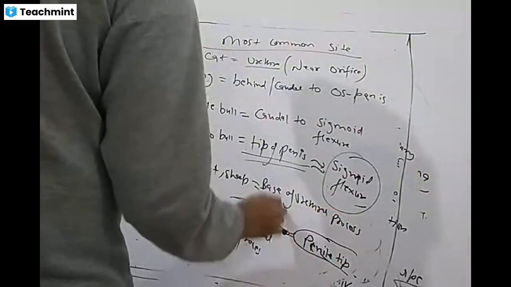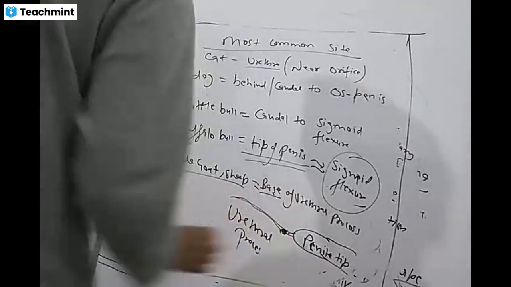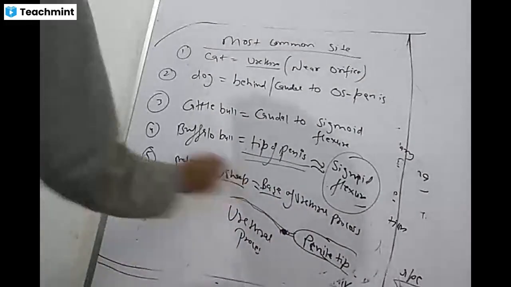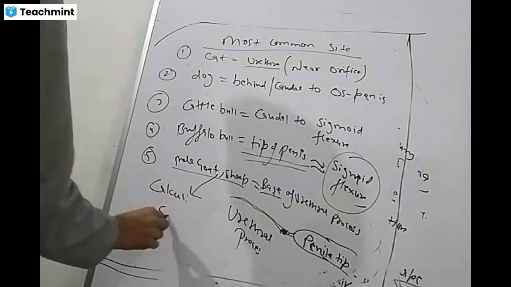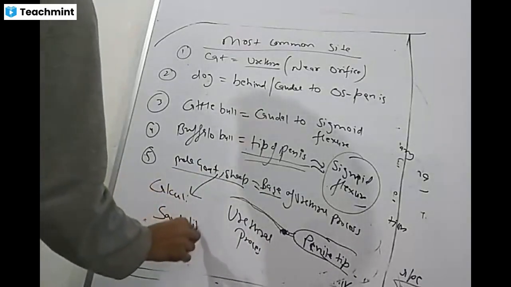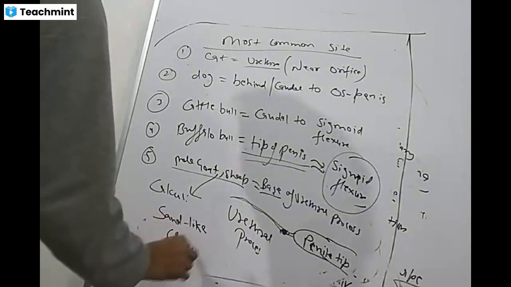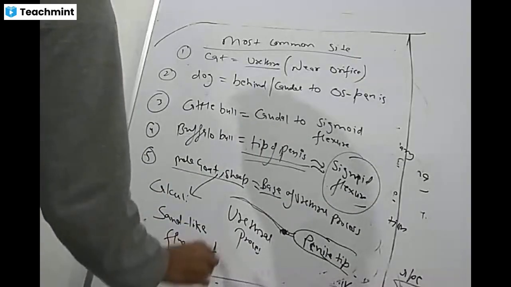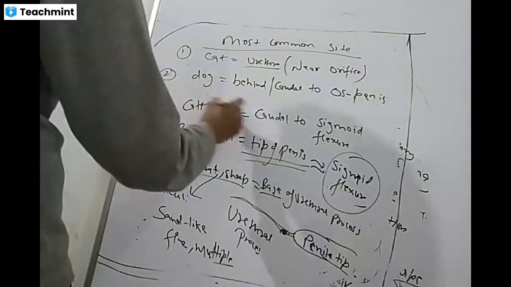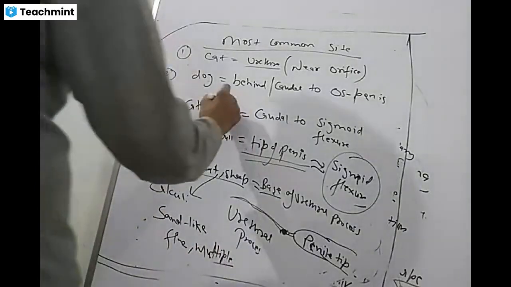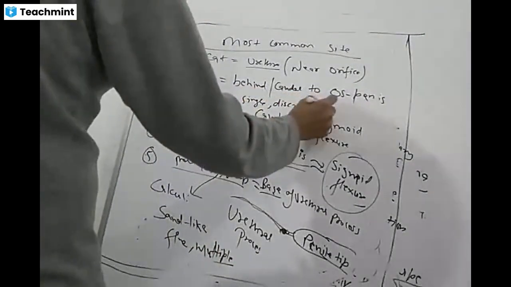At the base of the urethral process, in case of male goat, the calculi are found. In case of sheep and goat, the calculi are sand-like, fine, and multiple in number. In case of cattle bull, this is a single discrete type.